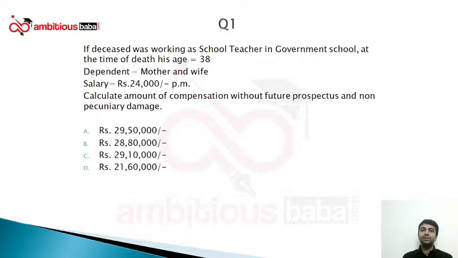The deceased is a school teacher in a government school, and at the time of his death his age is 38. There are two dependents, mother and wife, and the salary is given. You have to calculate the compensation without future prospects and without non-pecuniary damages.